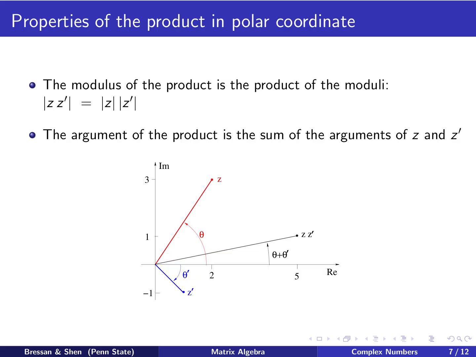Okay, and then z times z prime will have an angle that is the sum of these two. So this theta looks like it is bigger than the negative of this theta prime. So theta plus theta prime would be some positive angle here. And then the modulus of this product, z times z prime, this length here is the product of this length times this length.